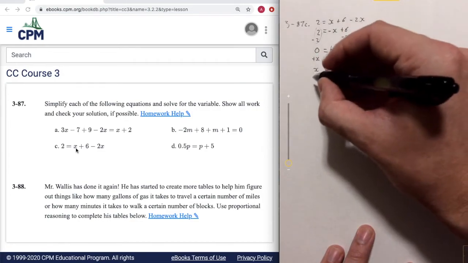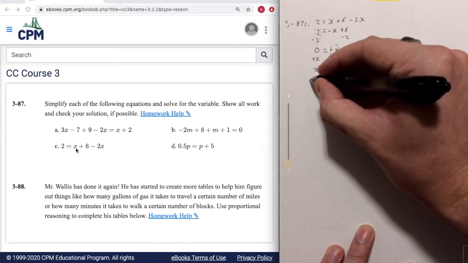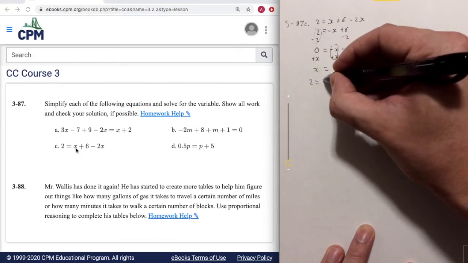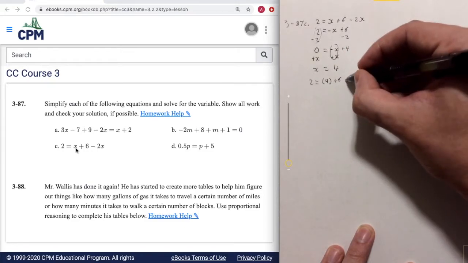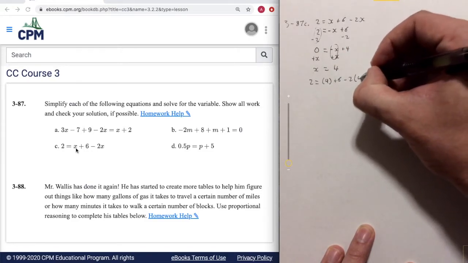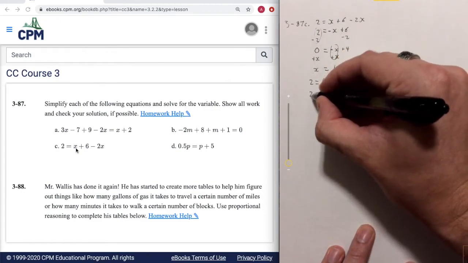Now all we have to do is plug it in and make sure. So let's do that. We have 2 equals 4 plus 6 minus 2 times 4. Let's solve that.